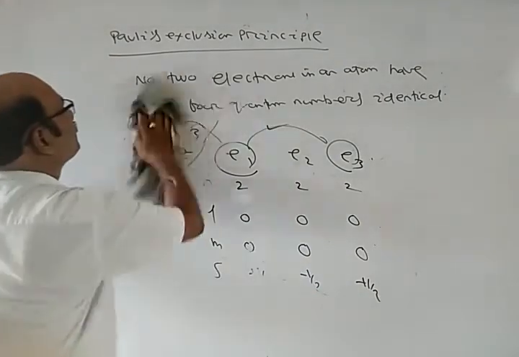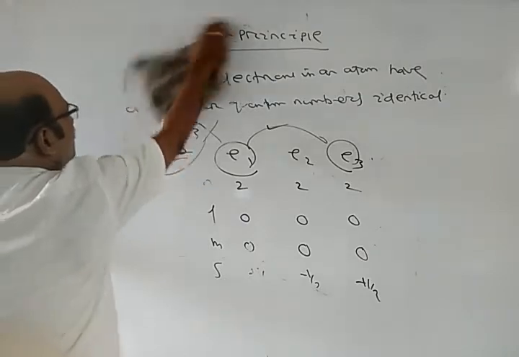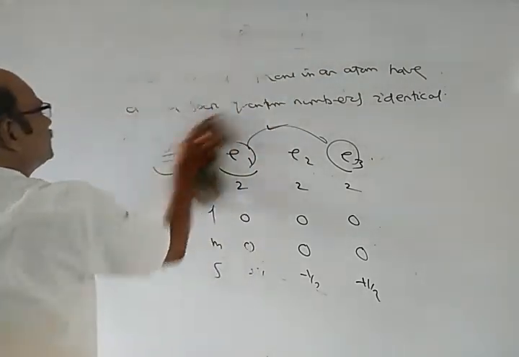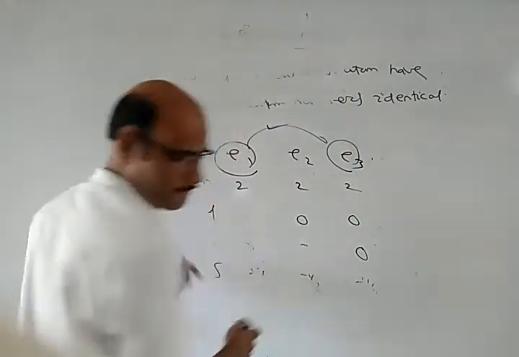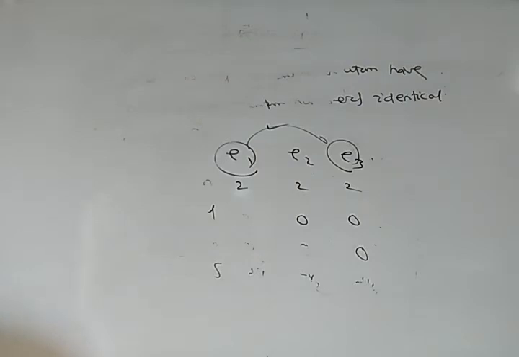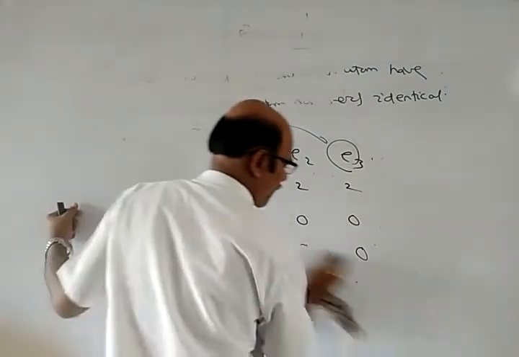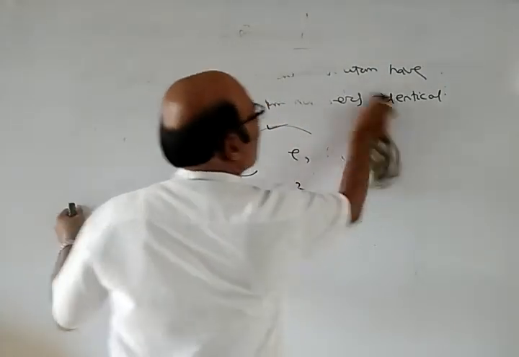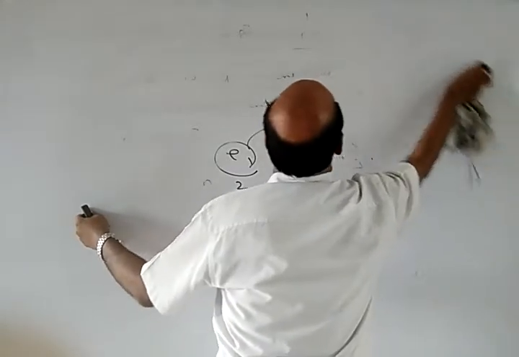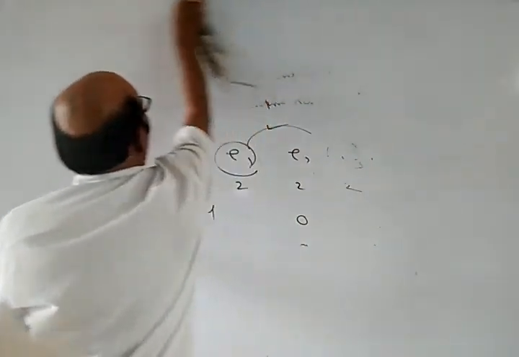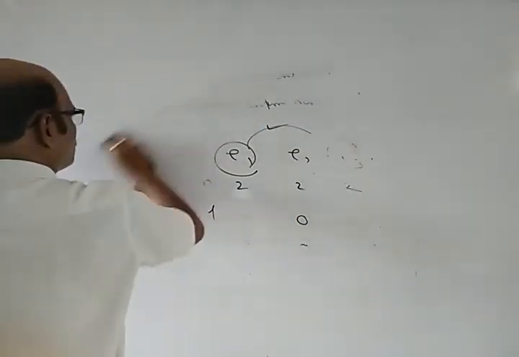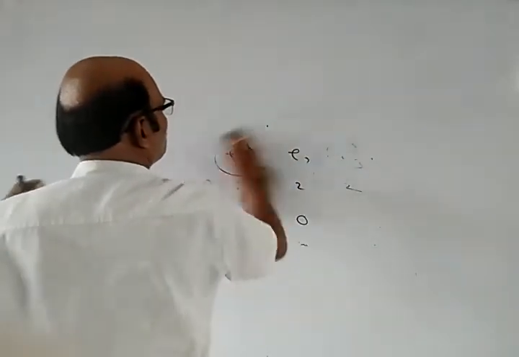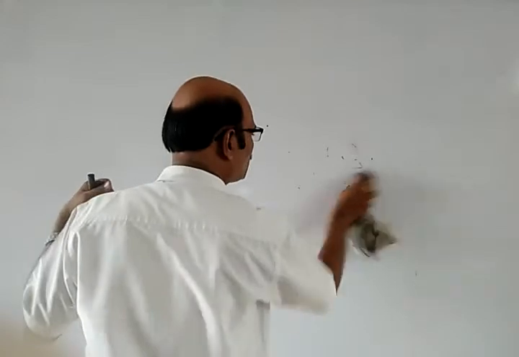Now, how to configure the electrons in the different orbitals? Now the electronic configurations of the elements.